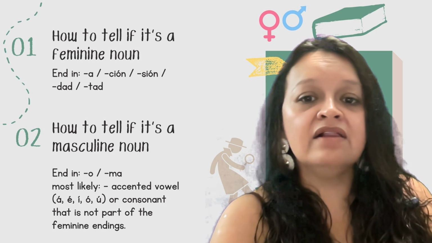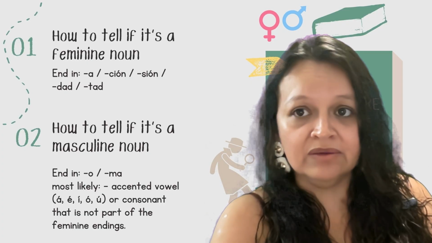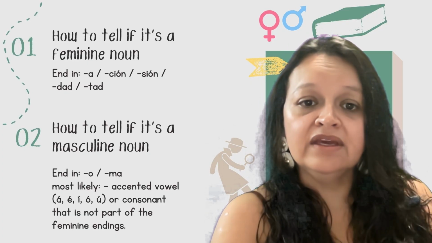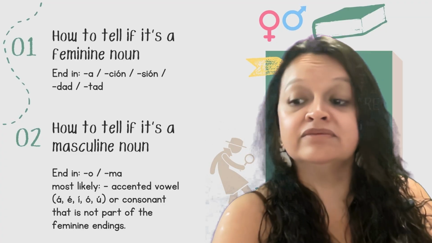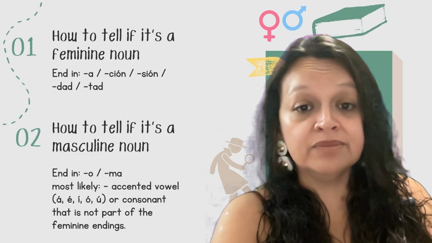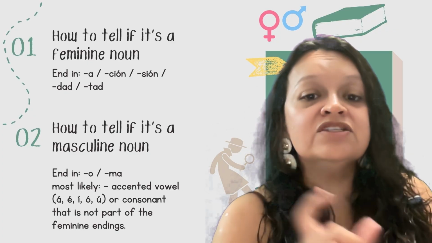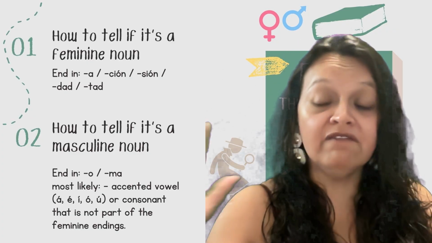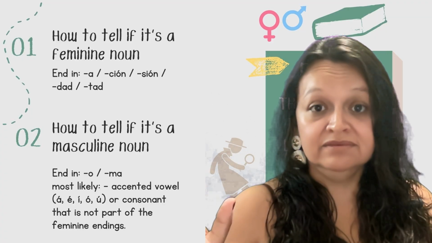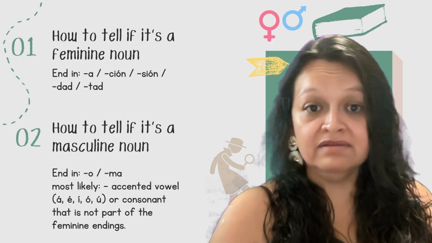And how to tell if it's a masculine noun. If it ends in an O, it is more likely masculine. El libro, the book. Now listen to this ending. If it ends in M-A, so if I said if it's only the letter A, it's feminine, right?